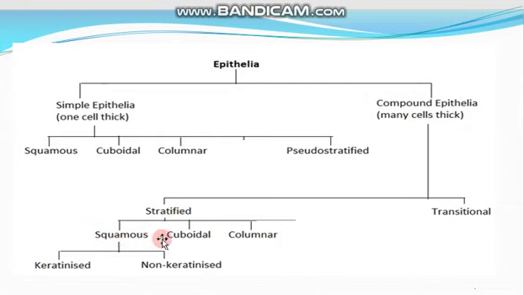They are squamous, cuboidal and columnar. And squamous stratified compound epithelium is again divided into two types. It can be keratinized or non-keratinized. So this is the flow chart of the epithelial tissue. Now we will explain each type of tissue one by one.